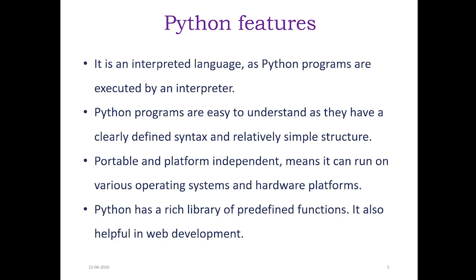We know that it's a platform independent and portable language. What is meant by platform independence? It can run on various operating systems and hardware platforms. Python has a rich set of libraries and predefined functions. Python is also helpful for web development and also for data analytics.